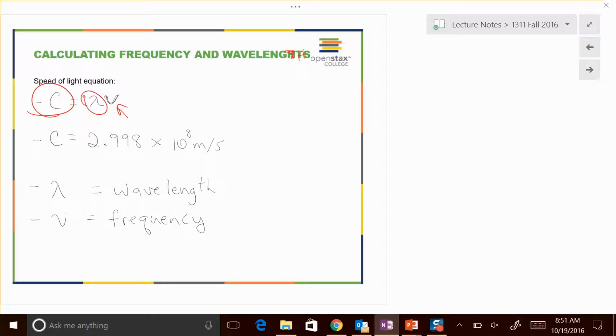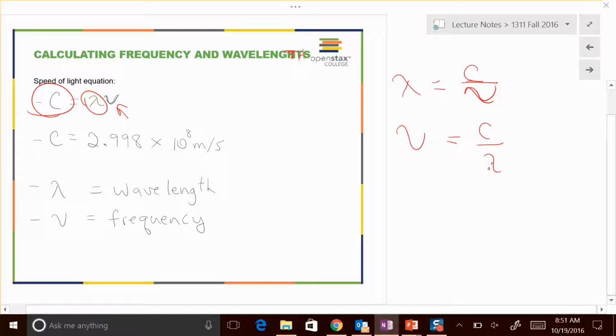Okay? I could rearrange it. Basically, just about 2 questions here. What is the wavelength, or what is the frequency? Wavelength is equal to c over frequency. And frequency is equal to c over wavelength.